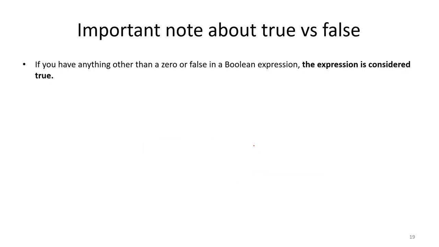So there's one other very important thing to note about true versus false. In a Boolean expression, 0 or false are always read as false.